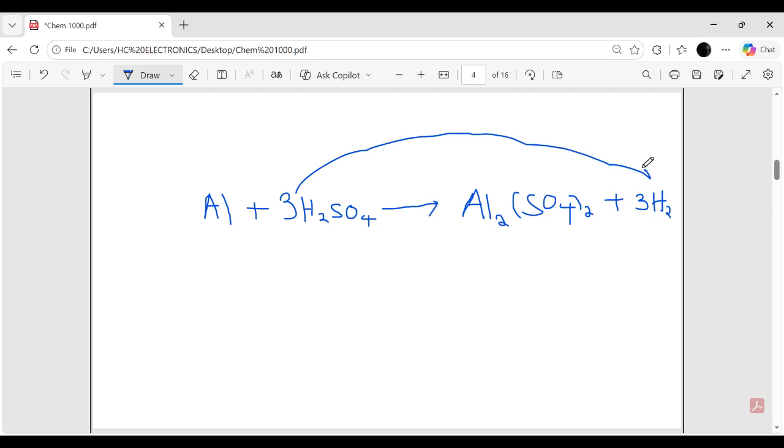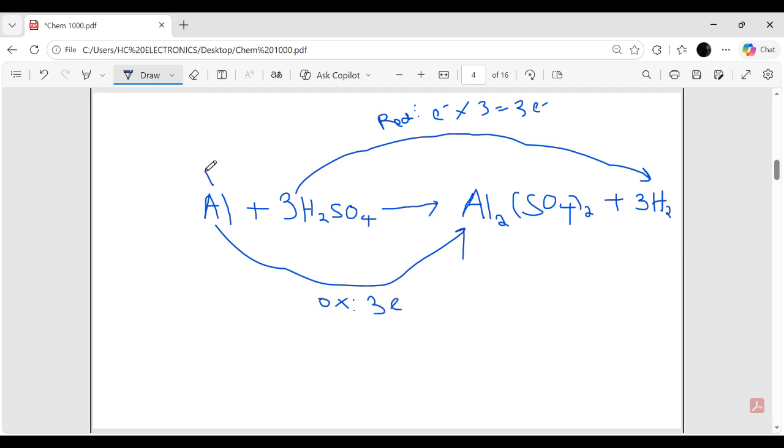So here it has undergone reduction. You need to write it in the middle. Reduction of 1 electron, then we multiplied it with 3, then it became 3 electrons, which were gained. Then here aluminium became oxidized, because it lost 3 electrons.